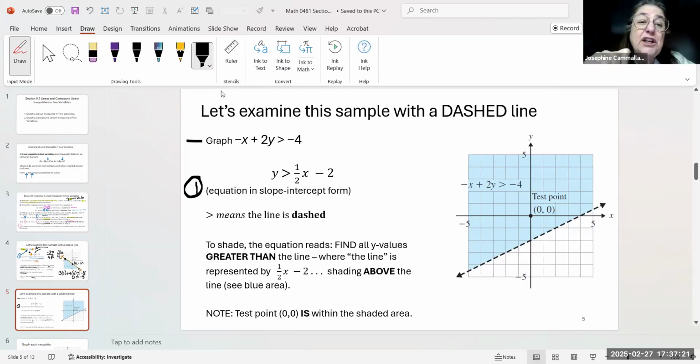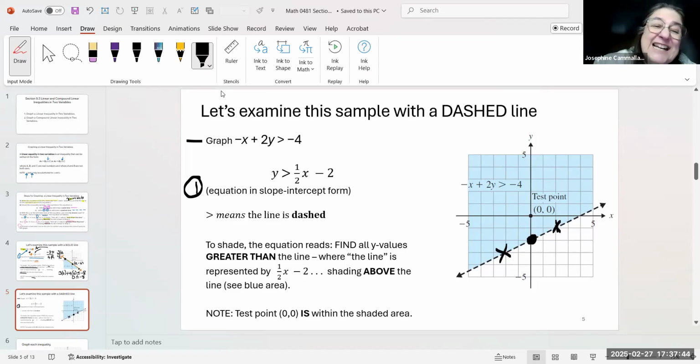Now just to confirm, remember, my y-intercept is 0, -2, which is this point right here. Now my slope is up 1 over 2, which is right there, or down 1 over 2, which is right there.